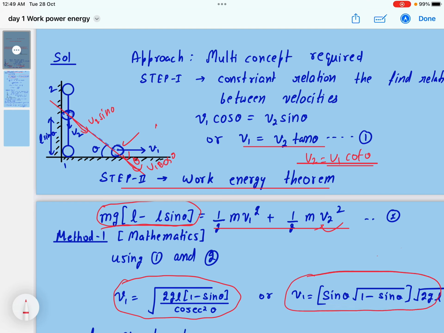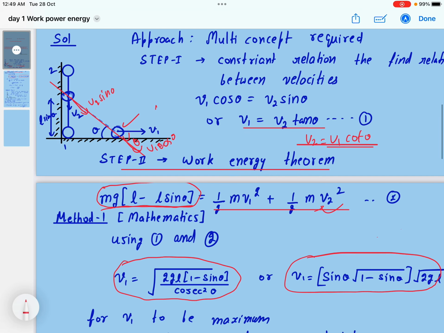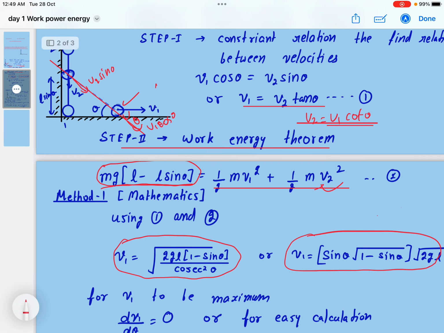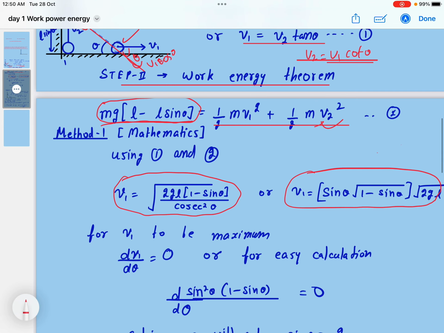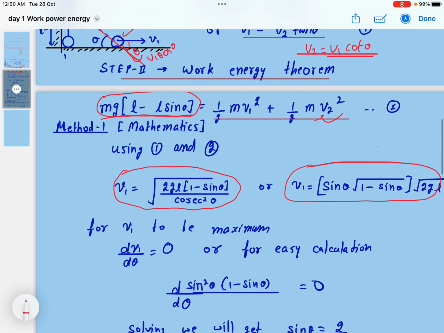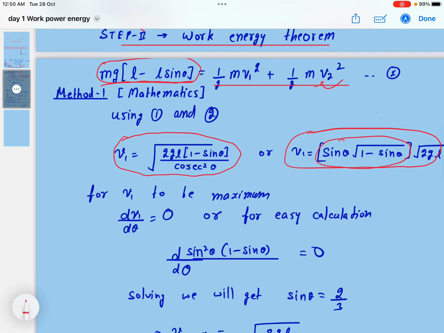Now v1 will be maximum when its derivative with respect to theta is 0. I'm not writing unnecessary steps here, beta. When this quantity or its square is maximum, then we can say v1 is maximum. So I'm taking the derivative of the square of this term and making it 0.